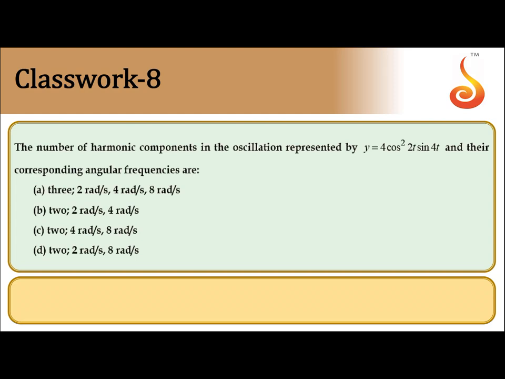Example 8. The number of harmonic components in the oscillatory motion represented by y is equal to 4 cos square 2t sin 4t and their corresponding angular frequencies are. Now look at this equation. He says y is equal to 4 cos square 2t sin 4t.